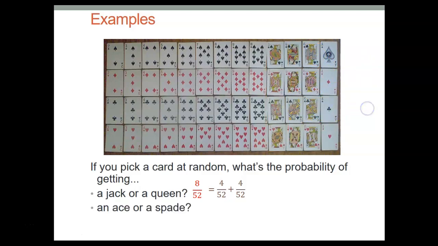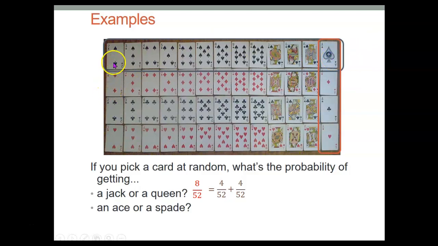Next example. What's the probability of getting an ace or a spade? So there are 4 aces. There are 13 spades. If you add 4 plus 13, you get 17. So at first you might think 17 over 52? But wait, that's not right, because that would be counting the ace of spades twice.